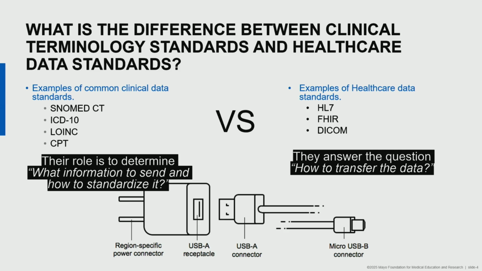But healthcare data standards, HL7, FHIR interfaces, DICOM for imaging, fall in the other category. They answer the question of how to transfer the data. They are more about transferring data properly rather than making the standard.